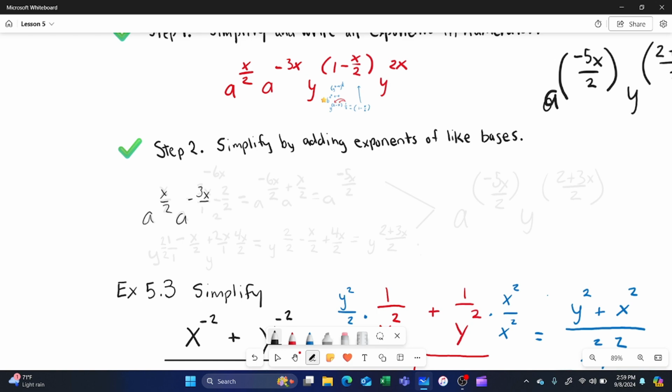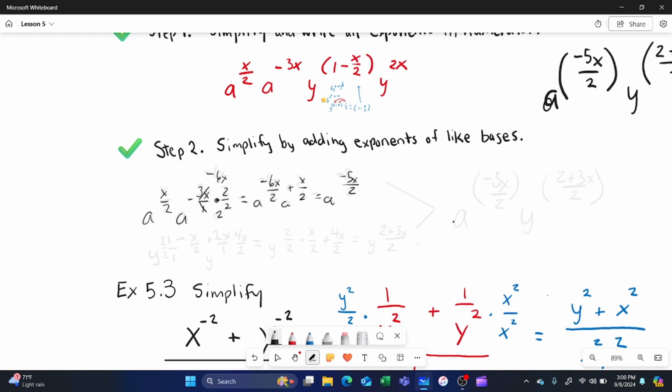So we're going to put this over 1 to get a like denominator, right? Times 2 over 2. We'll get a negative 6 here and a 2 on the bottom. Ultimately, you'll end up having your a to the negative 6x over 2 times a to the x over 2. Negative 6 plus an x is going to equal your negative 5x over 2.